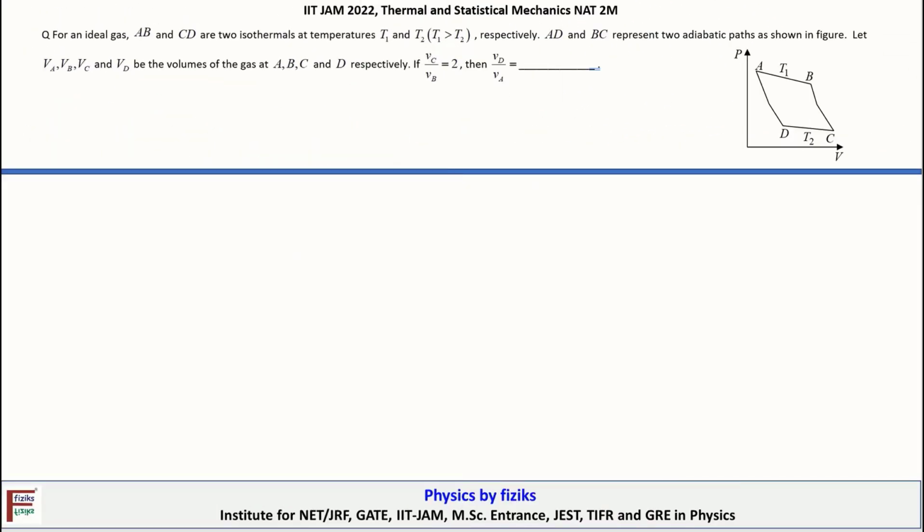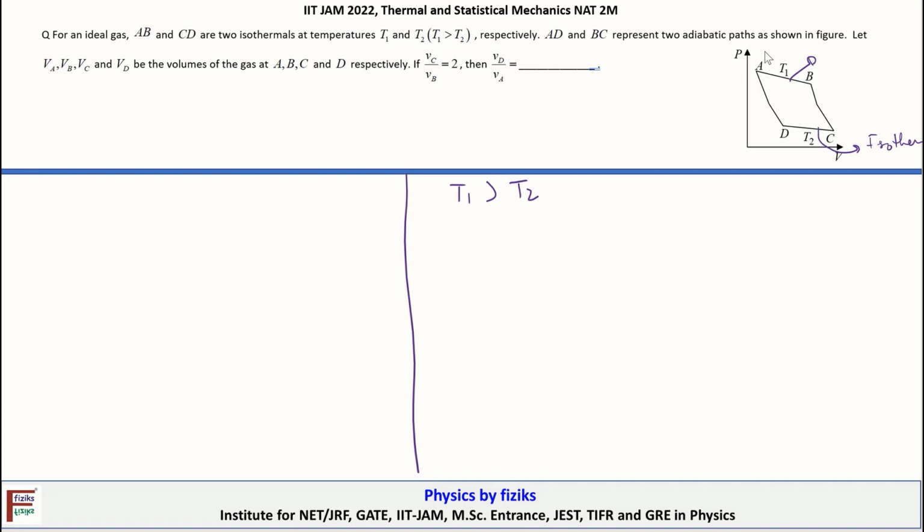So let's continue with the next question. The statement is, for an ideal gas, AB and CD are two isothermals at temperatures T1 and T2, such that T1 is larger than T2. Further, AD and BC represent two adiabatic paths as shown in the figure.